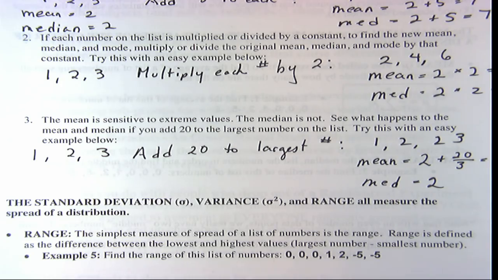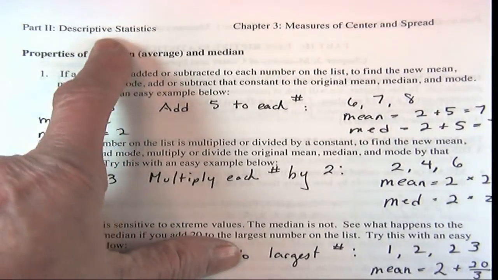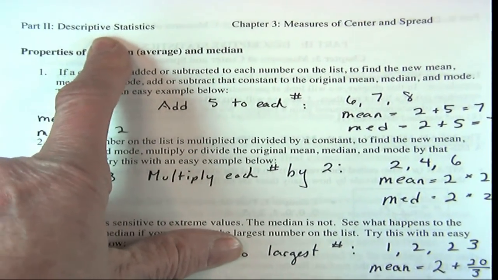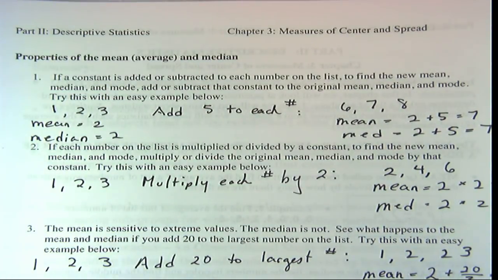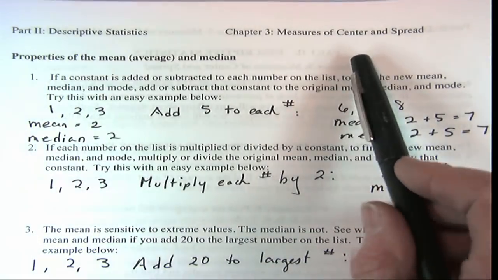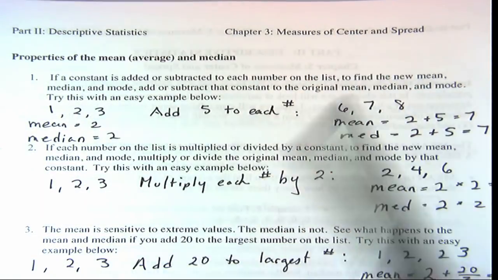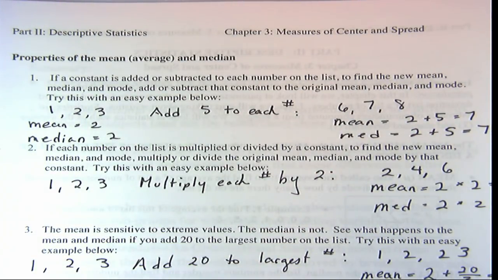What we were talking about here, if you recall, is we're doing descriptive statistics. So we have all the numbers, the whole population of numbers in front of us, and we're just looking at first summaries of measures of center. So a numerical summary of the center of the list of numbers, or the center of the distribution of numbers.